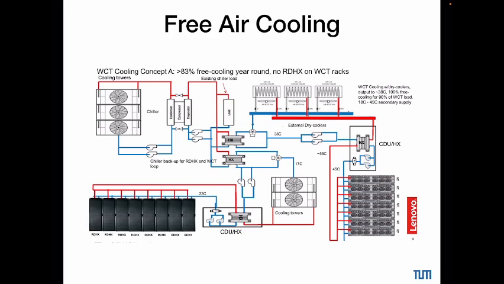And here is SuperMOOC. There it's actually different. So we have hot water cooling in SuperMOOC. So actually we have water with 45 degrees going into the racks, and we get 55 degrees out. It's not this concept of rear door cooling.